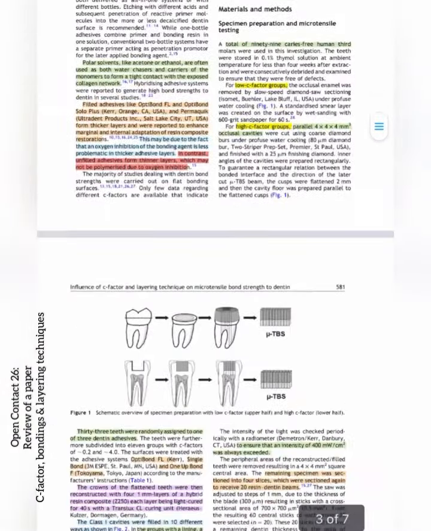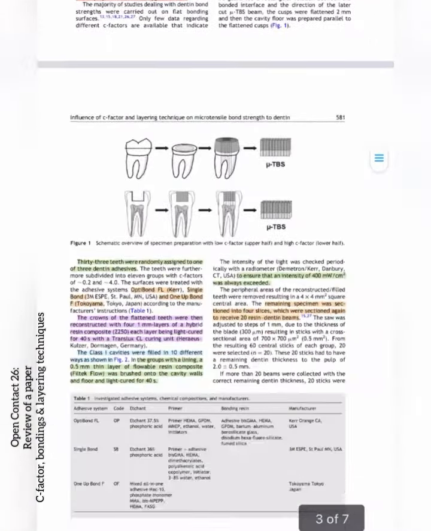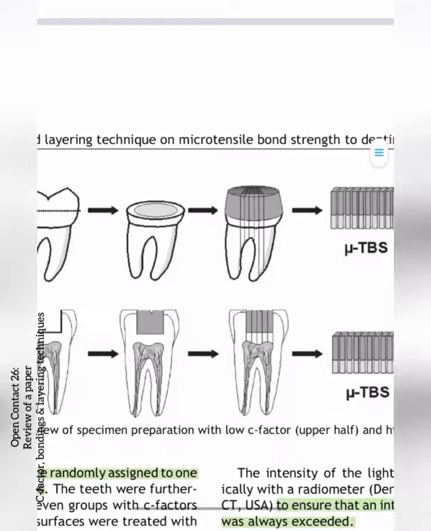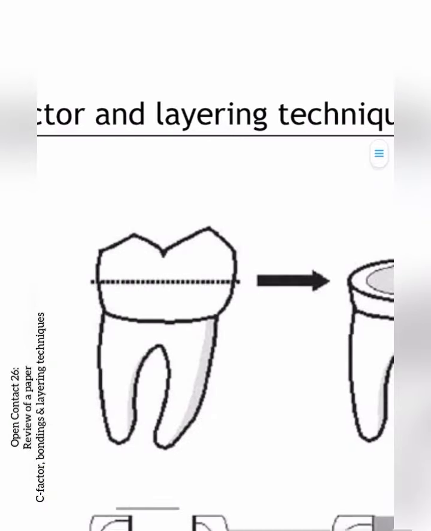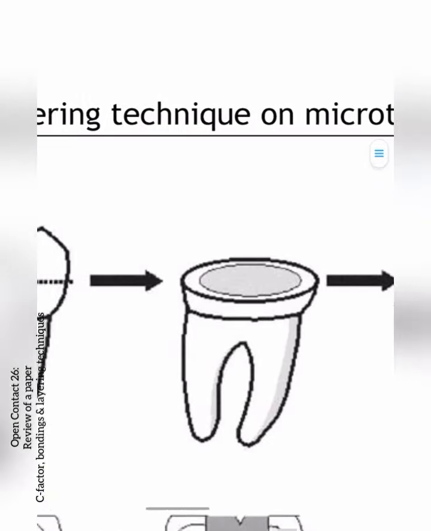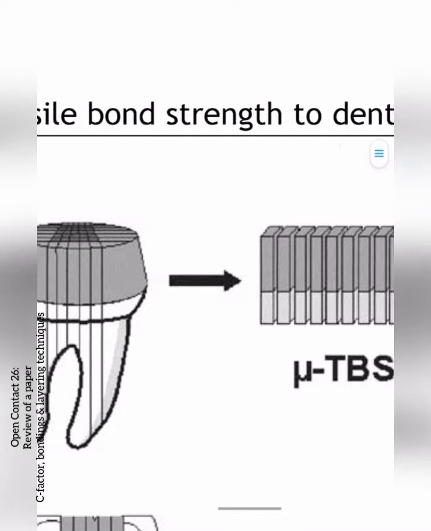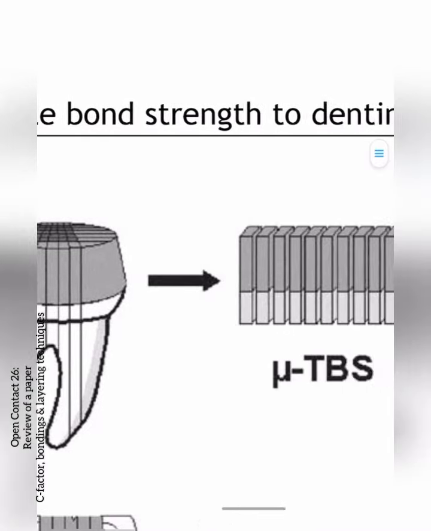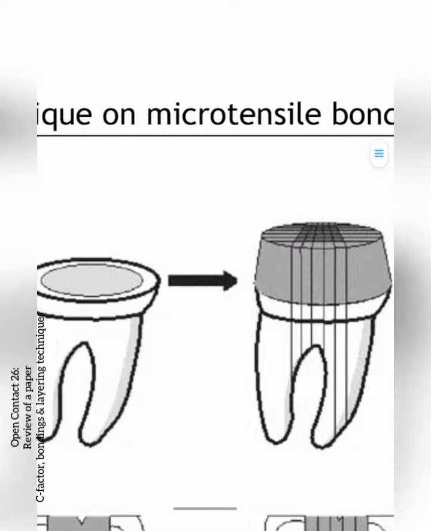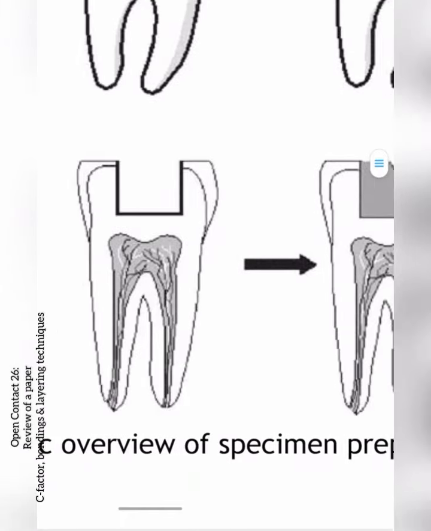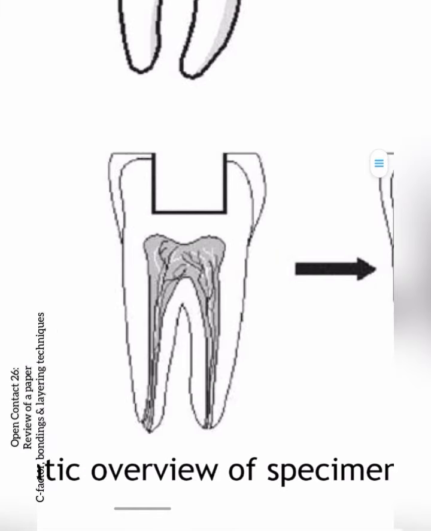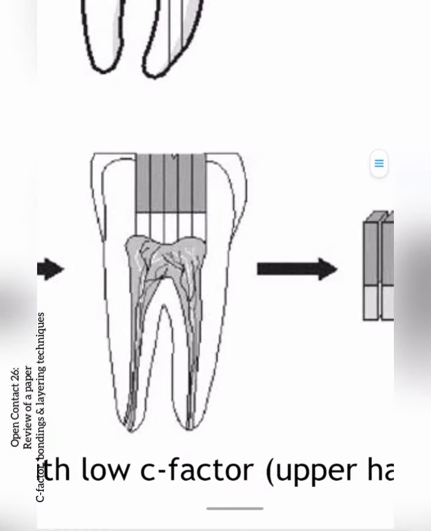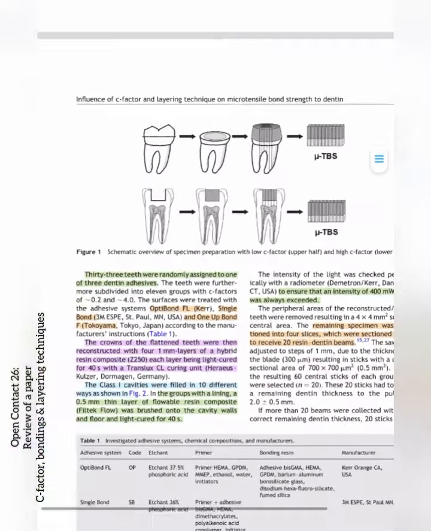In this paper, the third molars were sectioned horizontally like this. In the first group, the teeth were sectioned horizontally, and the bonding and the composite were applied. In the second group, there was a class one cavity, the dimensions of which were 4 millimeters by 4 millimeters by 4 millimeters.